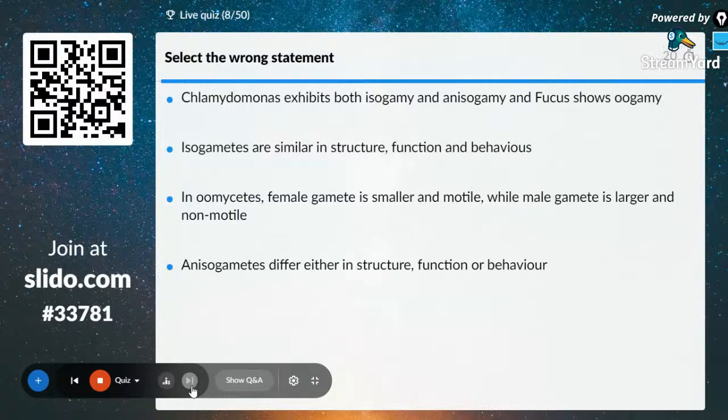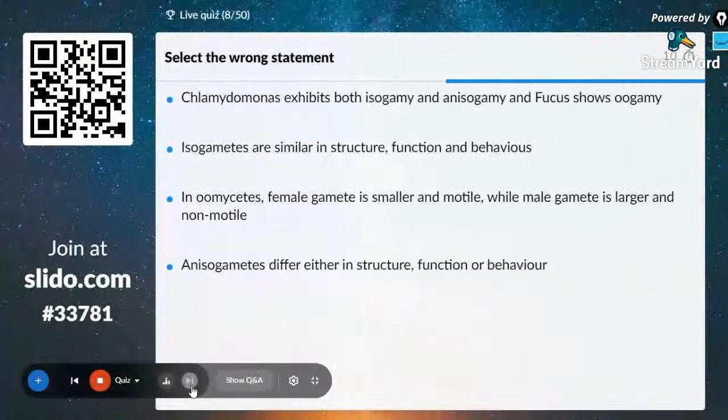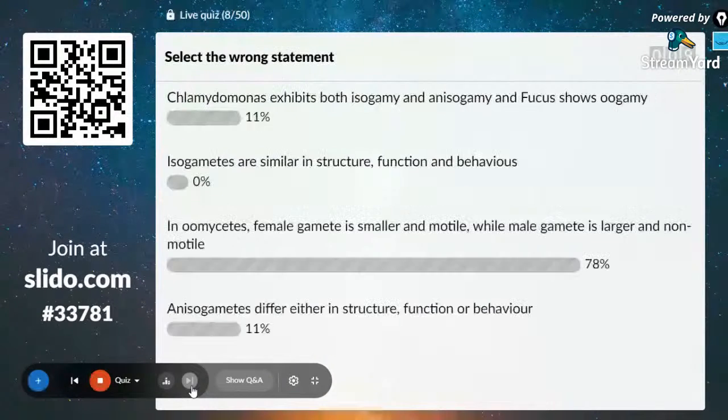Select the wrong statement. Chlamydomonas exhibit both isogamy and anisogamy, and fucus shows oogamy. Isogametes are similar in structure, function, and behavior. In oomycetes, female gamete is smaller and motile, while male gamete is larger and non-motile. Anisogametes differ either in structure, function, or behavior. Yes, guys, perfect.